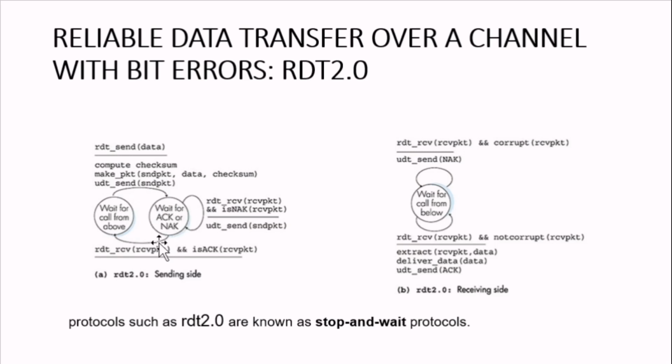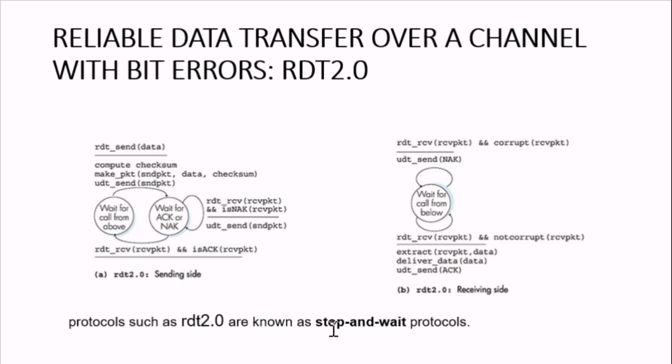NAK is negative acknowledgement, and ACK is positive acknowledgement. The sender sends a packet to the receiver, and then it will wait for the positive or negative acknowledgement before it sends more data.